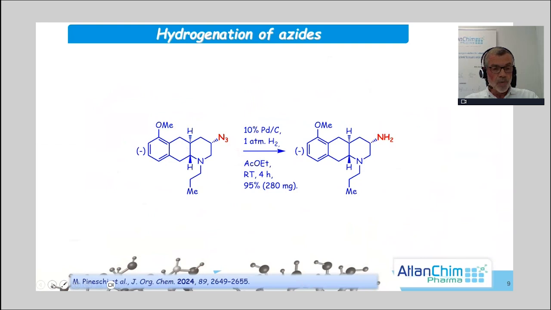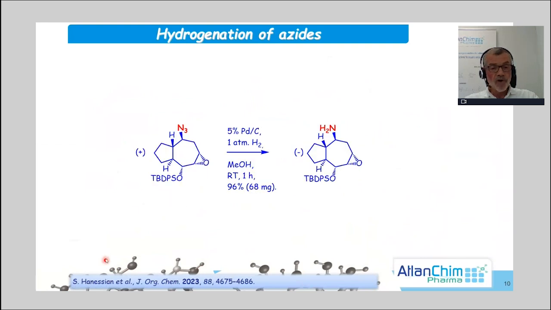In a recent work of Professor Hanessian on the synthesis of azide-bridged pyridoazulene tropine derivatives, palladium-catalyzed hydrogenation of this azide under classical conditions provided the corresponding amine here in excellent yield.